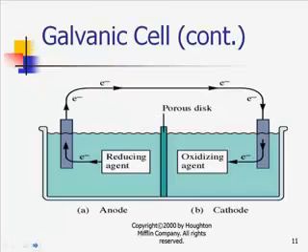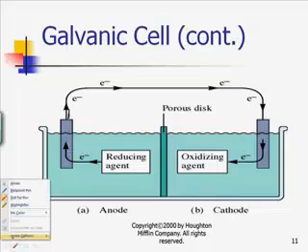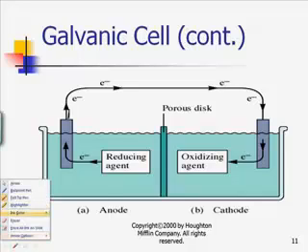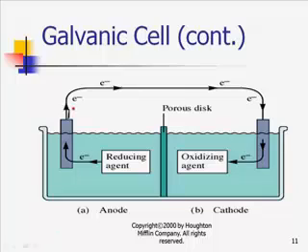Okay, so here's a drawing of a galvanic cell. So we have our anode here, and we are losing electrons. Get my red pen back. Okay, so we're losing electrons here, and the reduction occurs at the cathode.